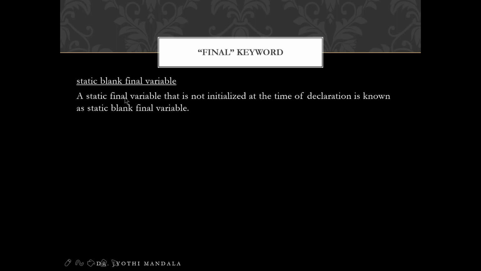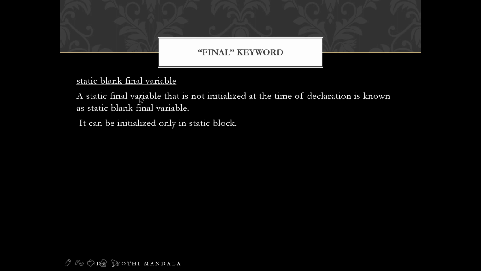If a normal final variable is there, that variable value can be initialized in the constructor. That is what we learned in the earlier slide. But if you add one more keyword called static, then that is called a static final variable. Such type of variables are initialized only in the static block. Remember, static final variables are initialized only in the static block.